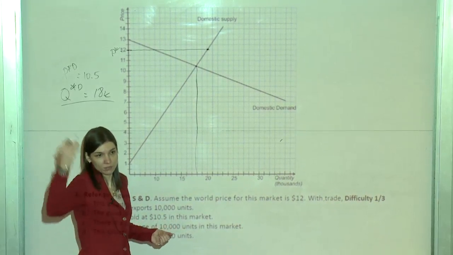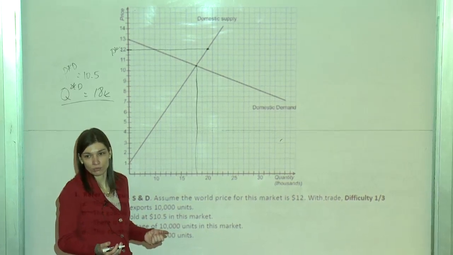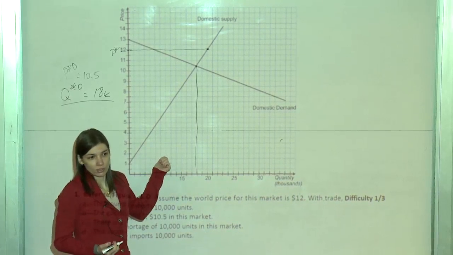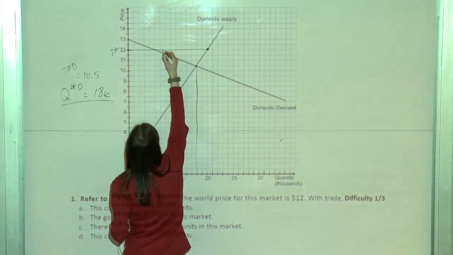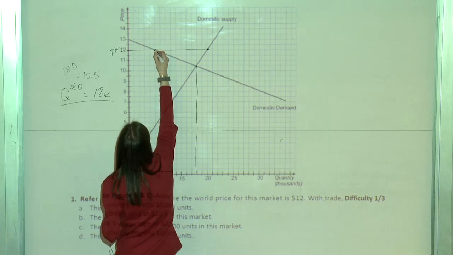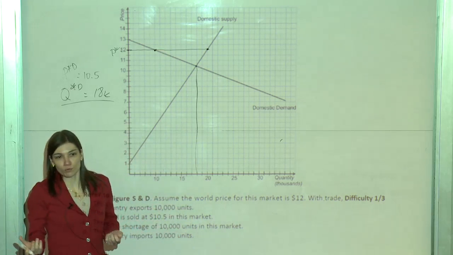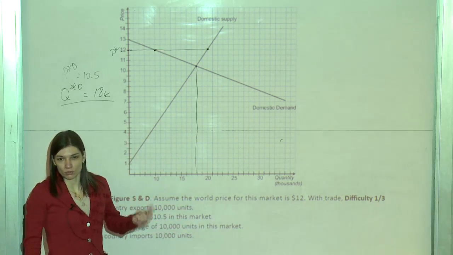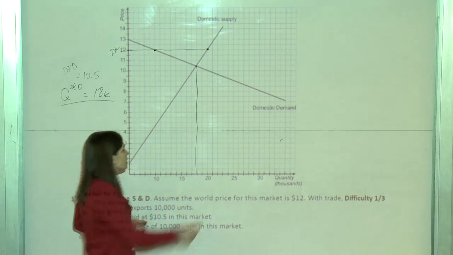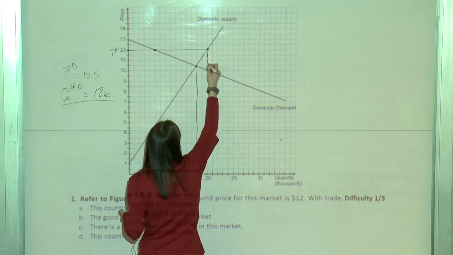And that makes sense because when the price is higher, producers are willing to sell more and consumers are willing to buy less. So we have quantity supplied higher than quantity demanded. And obviously, the difference between those two would be the amount of units that this country is going to export, right?